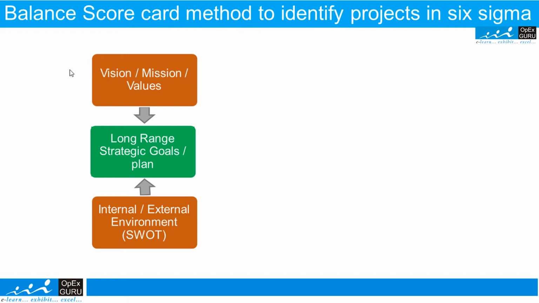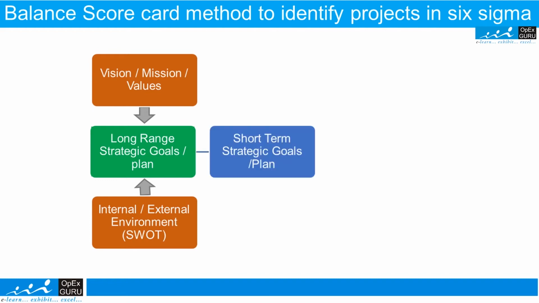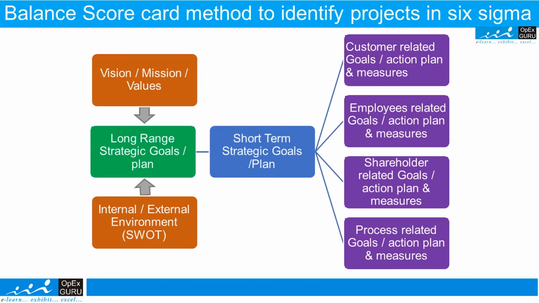So the organization is scanning the internal and external environment. From there they come out with the long range strategic goals or plans. These long range strategic goals or plans are then converted into short term strategic goals or plans. Let's say, for example, long range strategic goals can be for 3 to 5 years, whereas short term strategic goals or plans can be for 1 year.